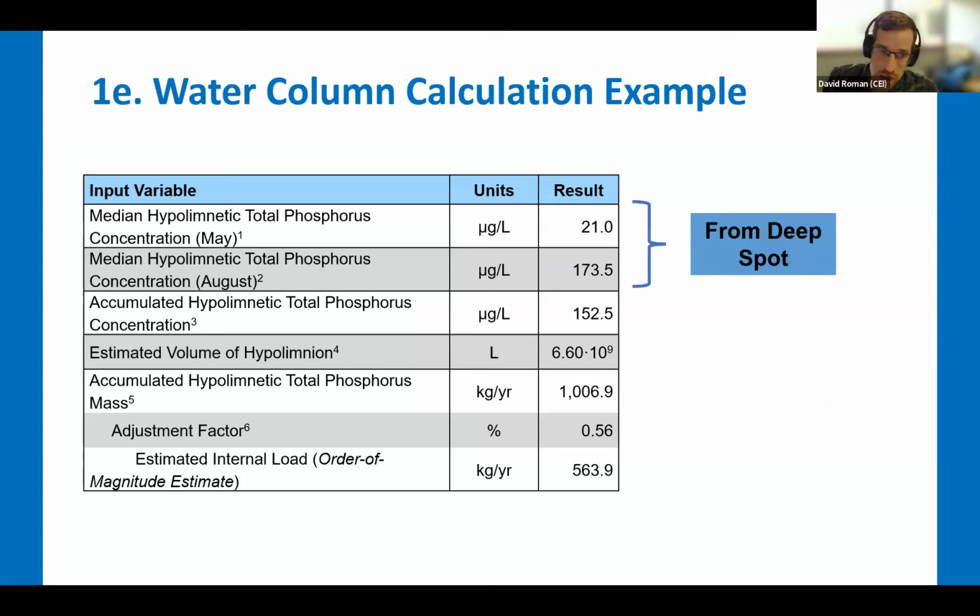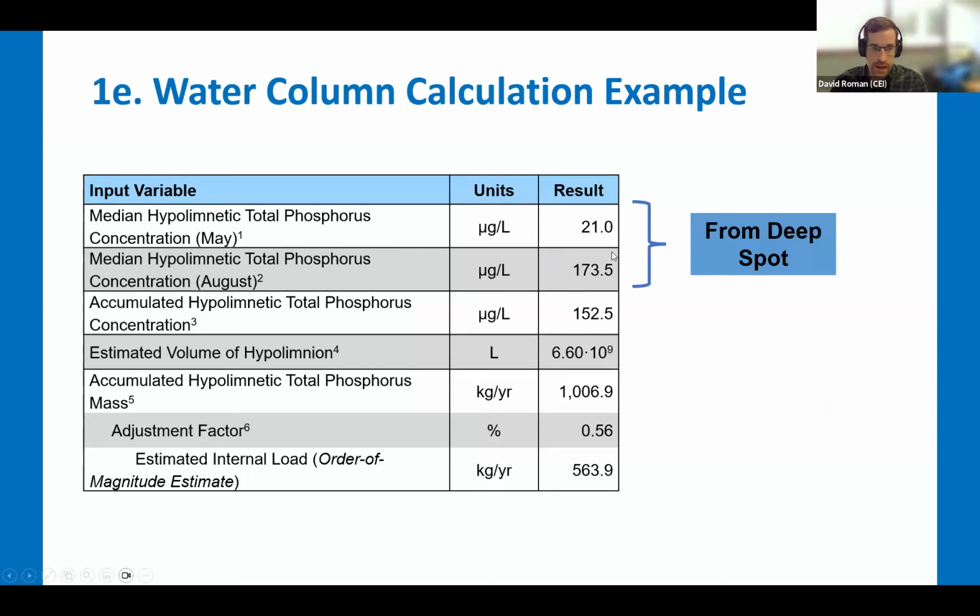What this looks like in this table is that we're looking at the hypolimnetic total phosphorus concentration in May, so before things start getting bad. So we're at 21 micrograms per liter, and then we get to the highest point of total phosphorus down at the bottom of the lake in August, all the way up to 173.